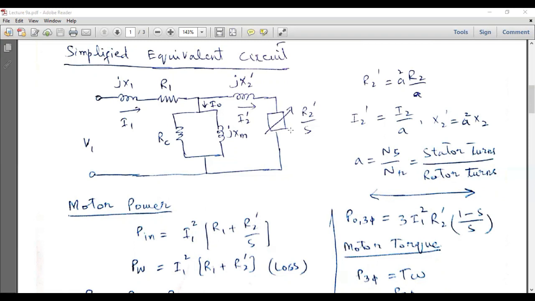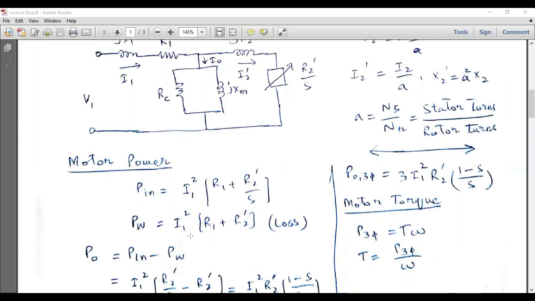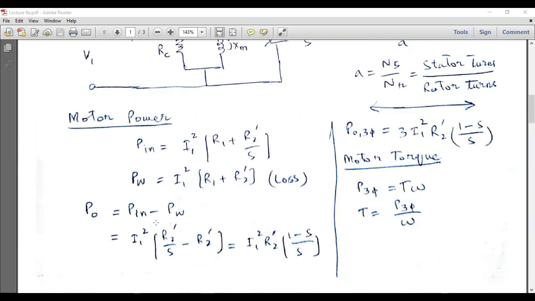Now R2 dash is the rotor winding resistance and R1 is the stator winding resistance, and the power dissipated across these windings is the power loss. The output power is equal to the input power minus the loss power, and after doing this subtraction we will get I1 squared R2 dash into (1 minus S) over S. This is the output power.